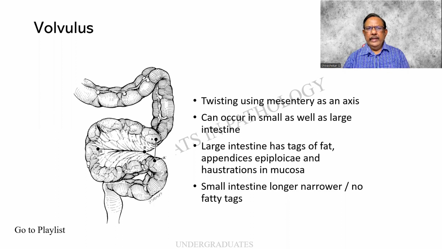Also, you find bands of muscle called taenia coli, which lead to the appendix. So once you see the appendix or the anal tag of skin, it is a large intestine. The small intestine, on the contrary, is narrower, several meters long, and devoid of fat.